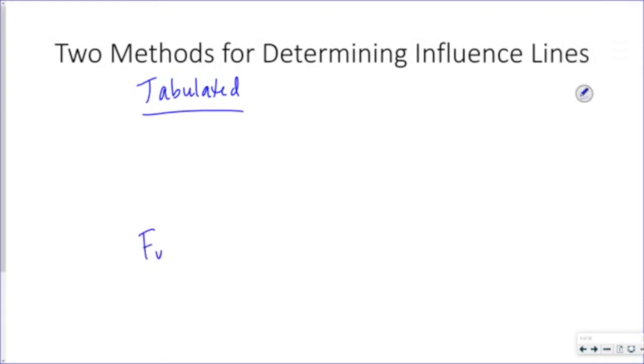You might be able to figure out which one's what or how you do them. Tabulated is if you move the load along the length of the beam, and you make a table. If I put it here, this is my result. If I put it here, this is my result. Whereas a function, you use the location of the load as a variable.